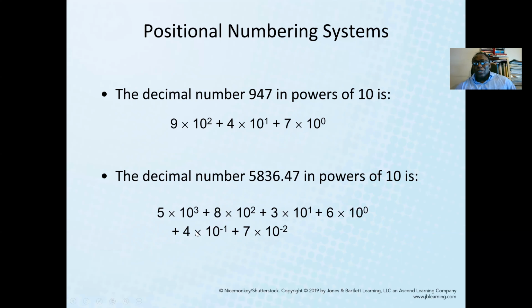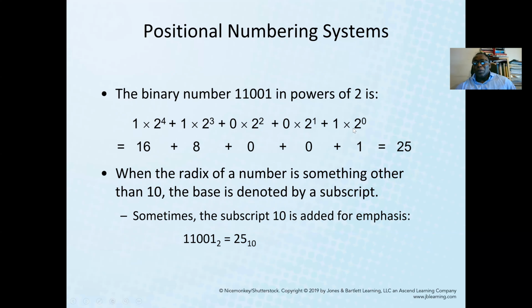But when it comes to the float, the decimal point, we always start from left to right: 1, negative 1, negative 2. So with a decimal value, it's like a whole number. So I'll start from right, 0, 1, 2, 3, and 4.